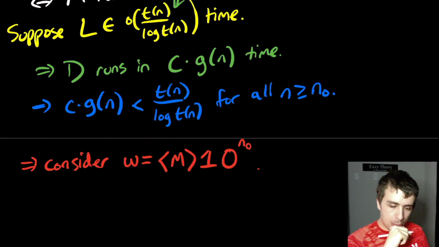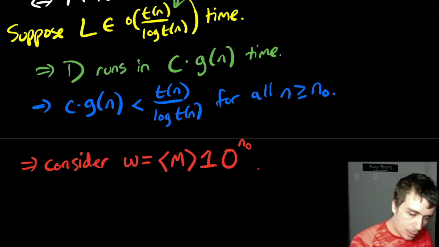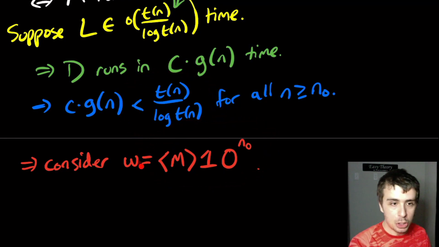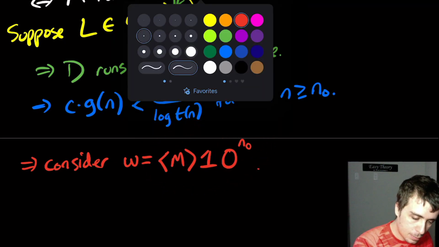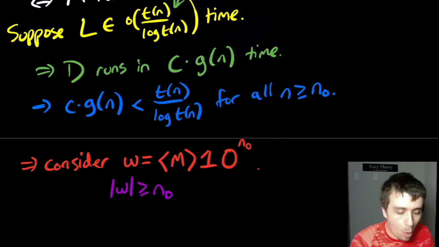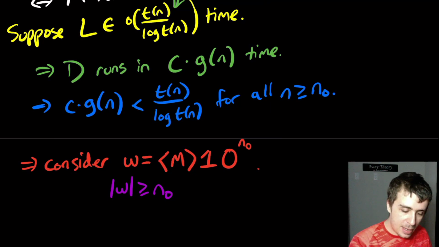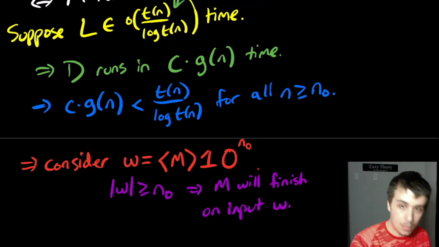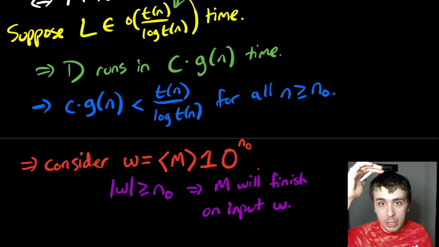Okay, so what does this mean? Because this amount of runtime is less than the limit that we have, because this input has length longer than n0, so we have that the length of W is at least n0, but it's actually way more than that, then this means that the machine M will finish on input W. Okay, because that's how we actually constructed the machine before.